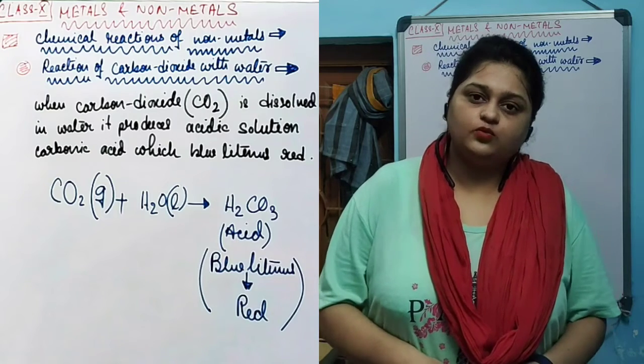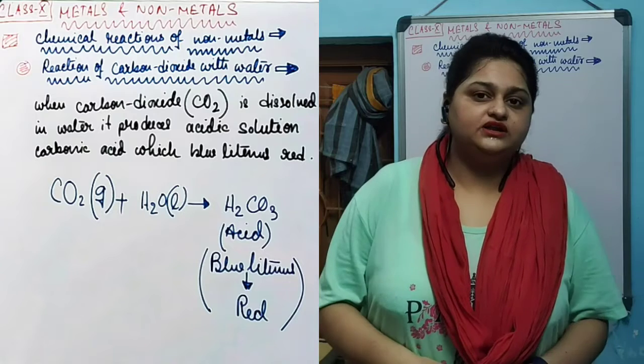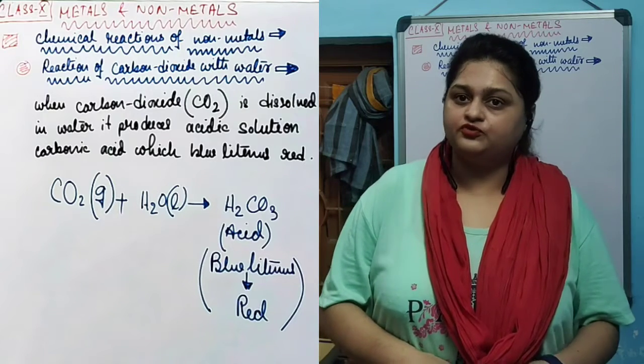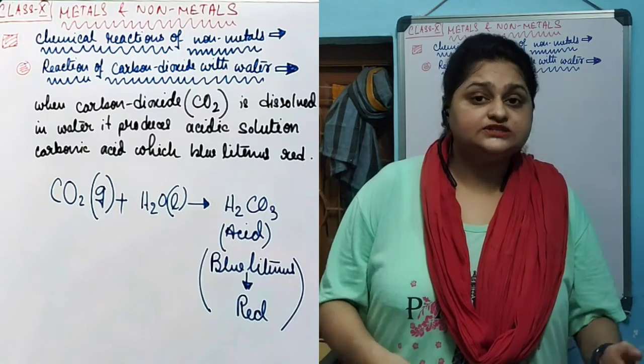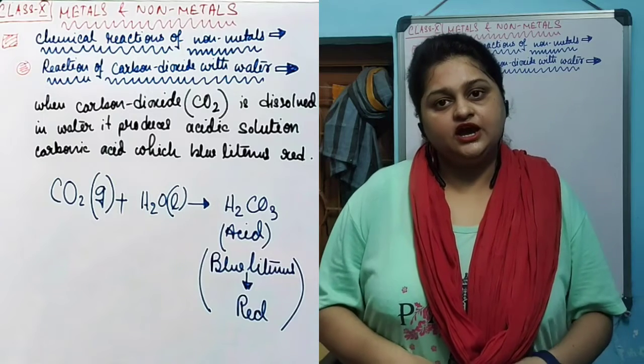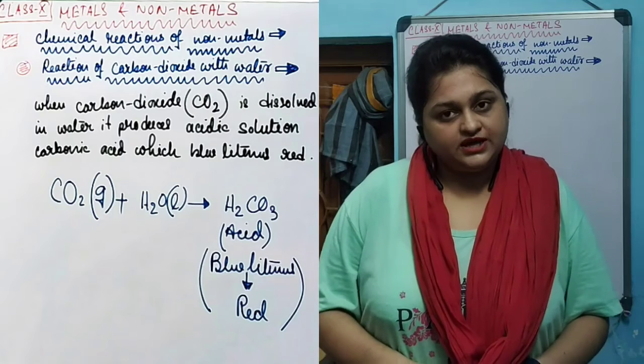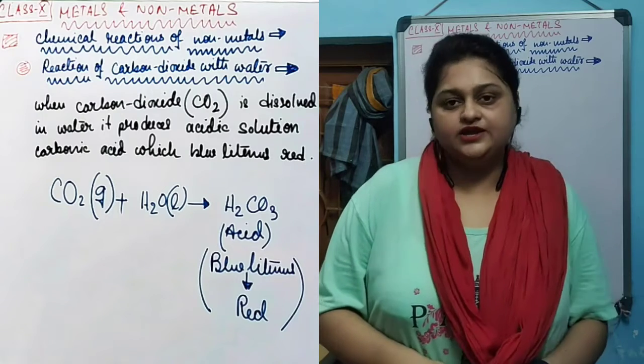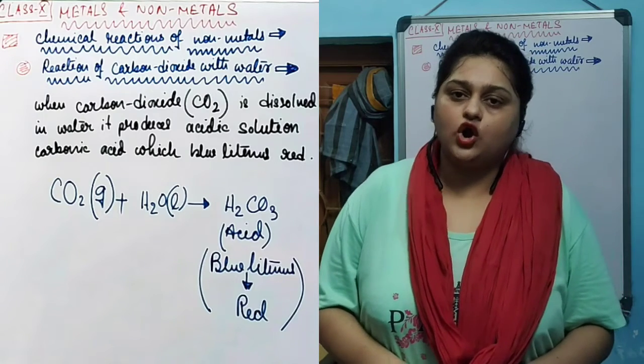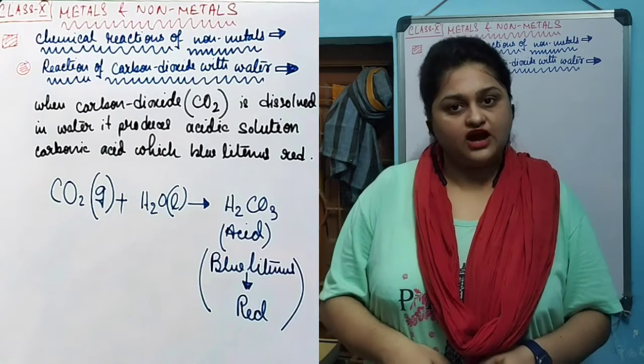That is the reason why wood is used as a fuel, because wood is made up of carbon. Now carbon dioxide and carbon monoxide are the oxides of the non-metal carbon.